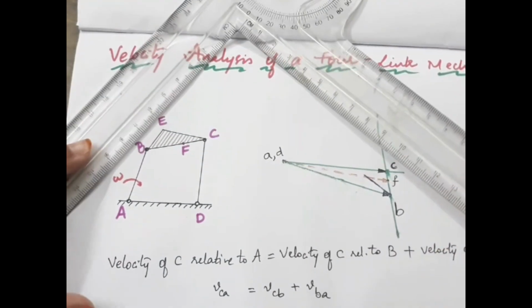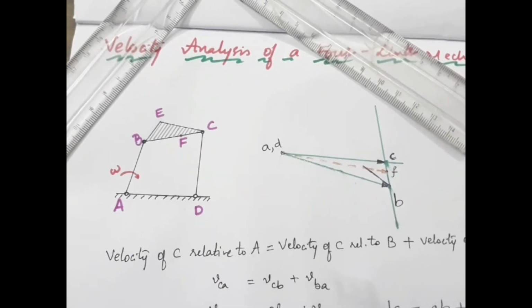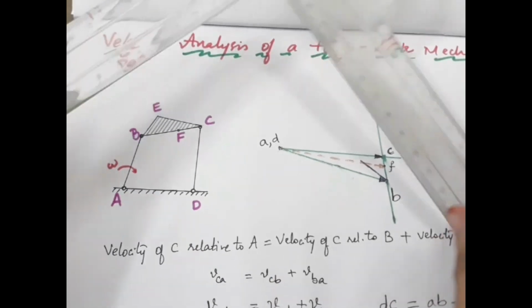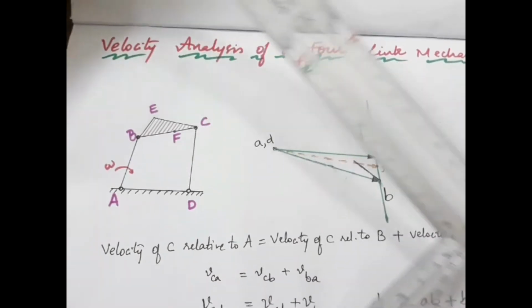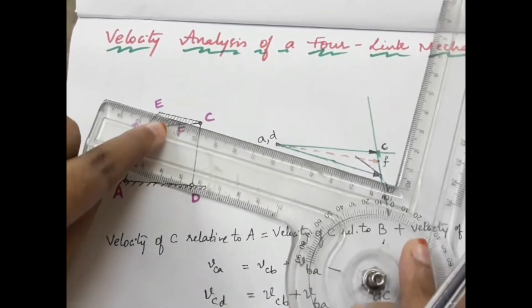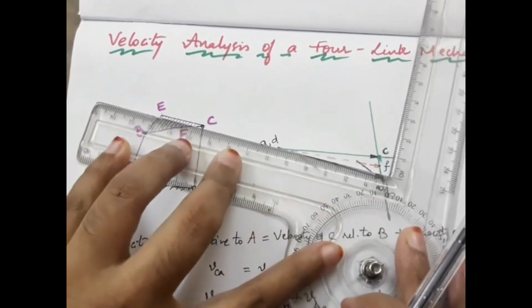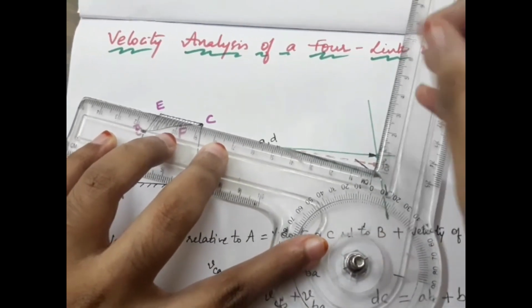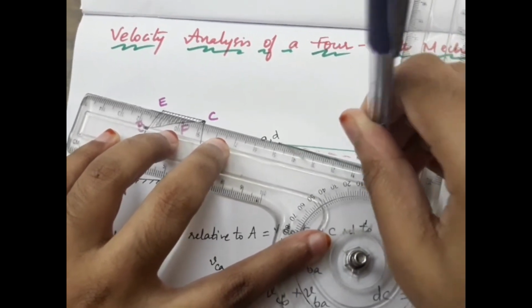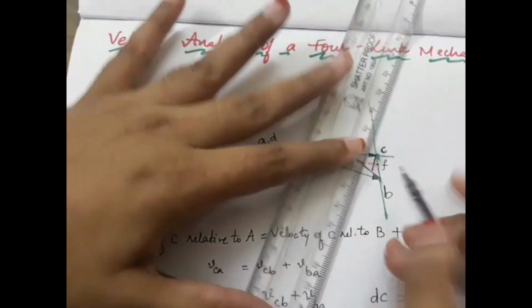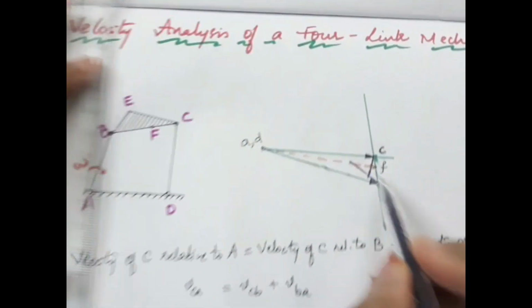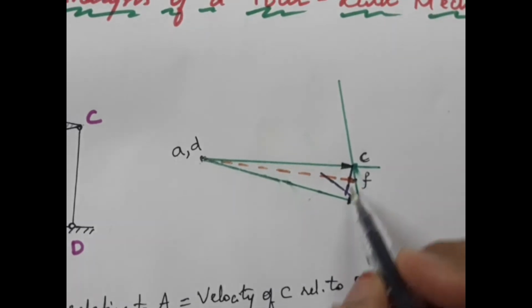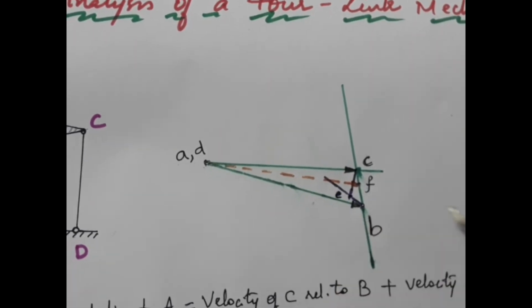Now we also have to draw CE. The CE velocity will be perpendicular to this link CE. So through C I am dropping a perpendicular. The intersection point of these two velocities will be point E.